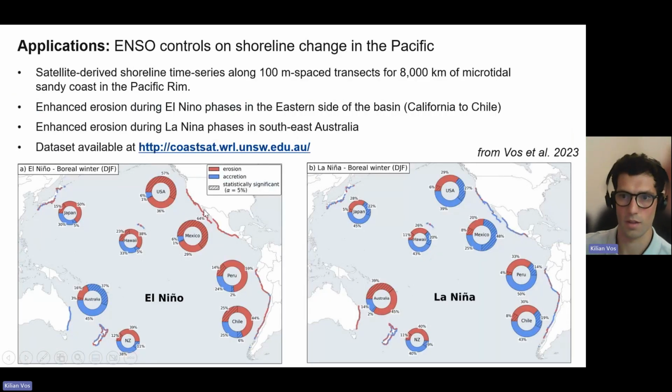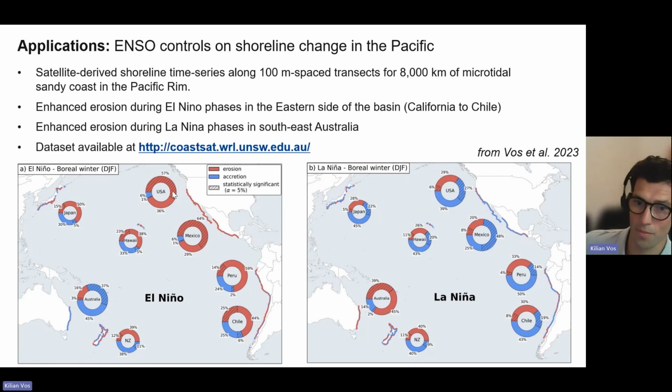Another example that I worked on is looking at the impact of ENSO on shoreline change. So we derived satellite shorelines every 100 meters, more than 8,000 kilometers of coast, mostly macrotidal coast in the Pacific Rim.